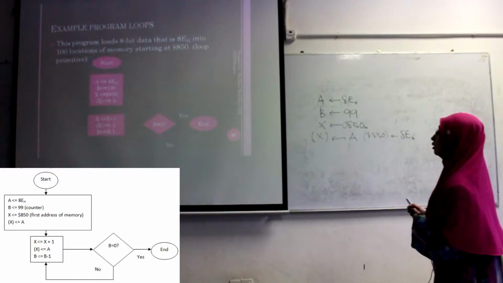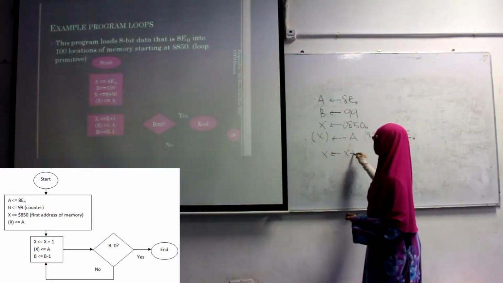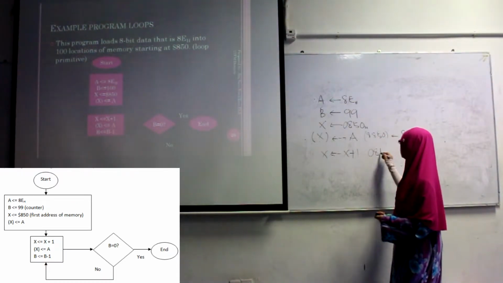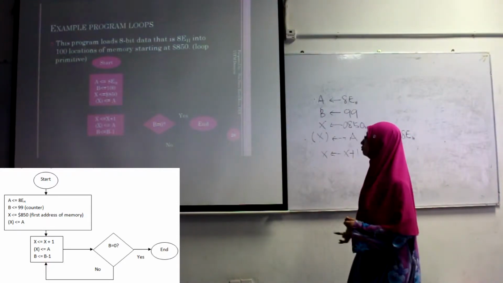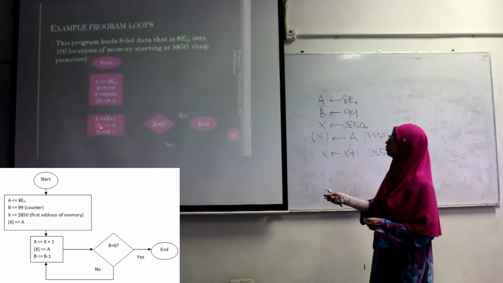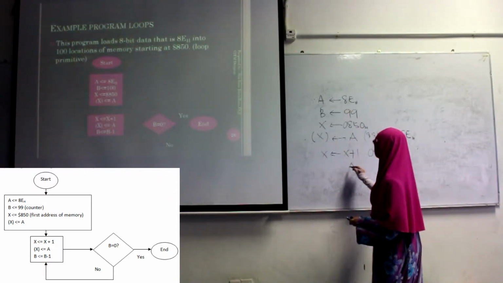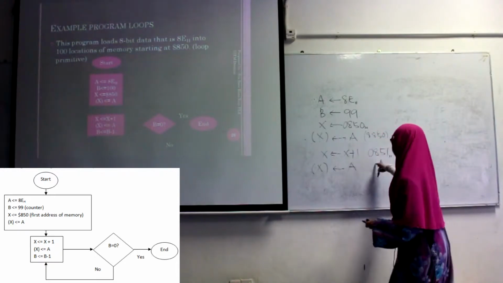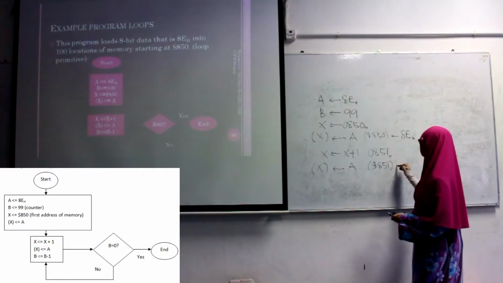And then next, we increase X by 1. Before it was 850, so now it becomes 851. Then the same operation, A is inserted into memory pointed by X. A has AE, and we insert it into the new X, so now our memory address is 851.